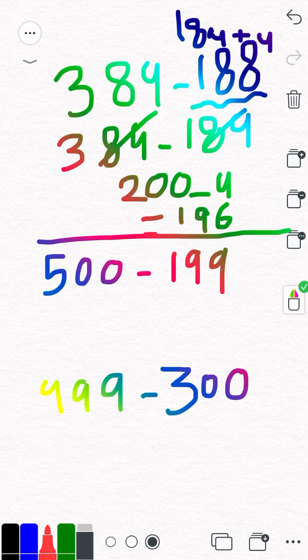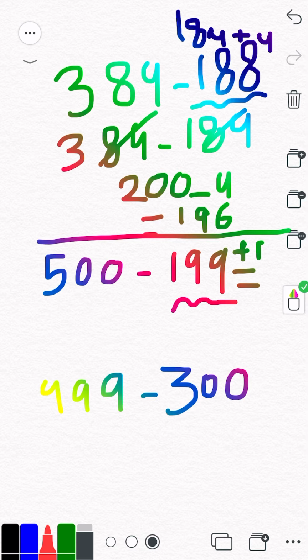Whenever you see a number that is close to a multiple of 100, we make it become that 100. In subtraction, it's a special case. If it's the second number or the smaller number, if we add any number to it to make it 100 or a multiple of 100, we have to add it to the answer.